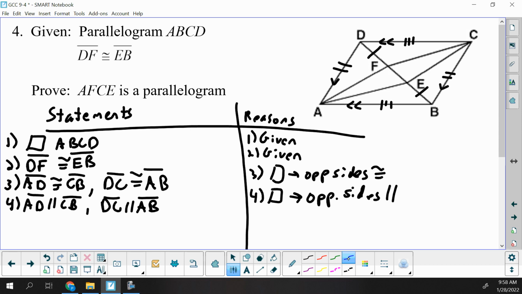But doing that allows us to do our zigzag to get congruent alternate interior angles. So if we do that zigzag, I'm going to call those 1 and 2. And if we did our zigzag going this way with our parallel lines, I'm going to call those 3 and 4. So we can now say that our parallel lines imply congruent alternate interior angles.